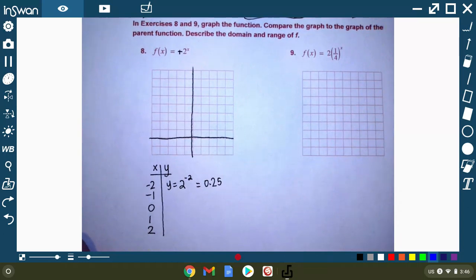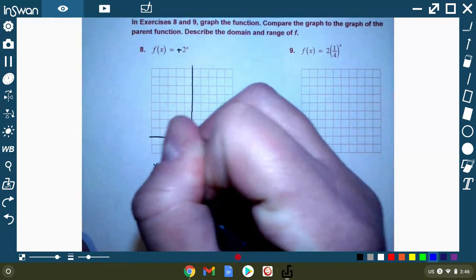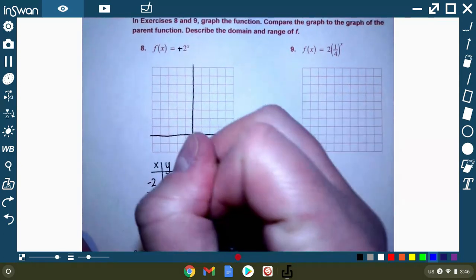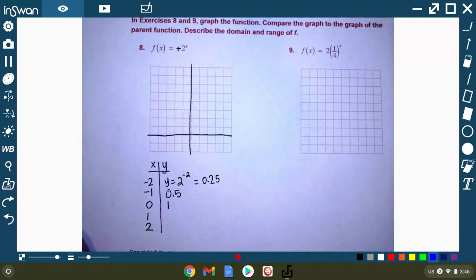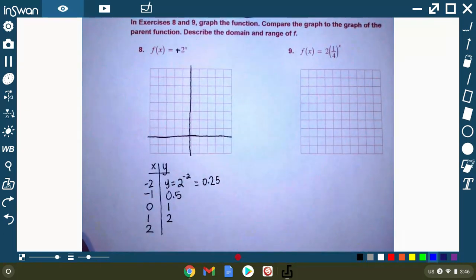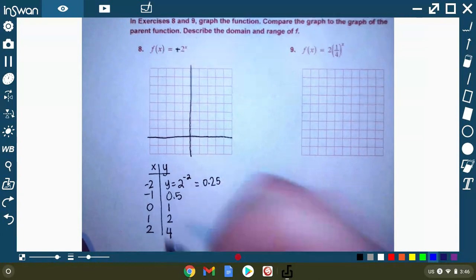All right, then we're going to do 2 to the negative 1, so we can find that value. 2 to the negative 1 is 0.5. 2 to the 0 is actually one of our exponent rules: anything to the 0 is 1. Then 2 to the first is 2, and 2 squared, so 2 to the 2, is 4.